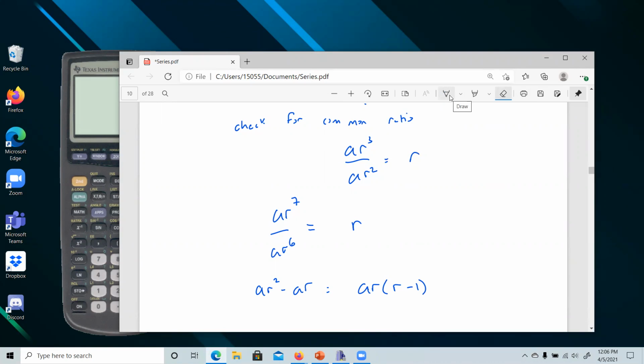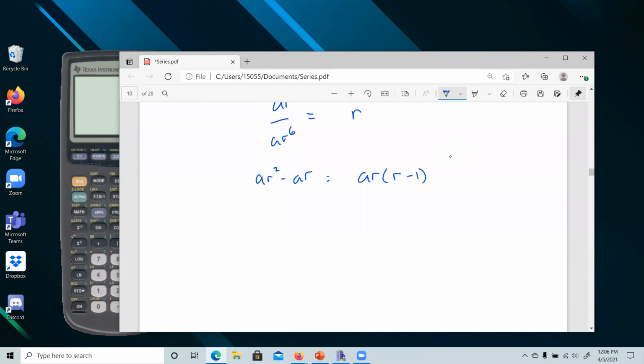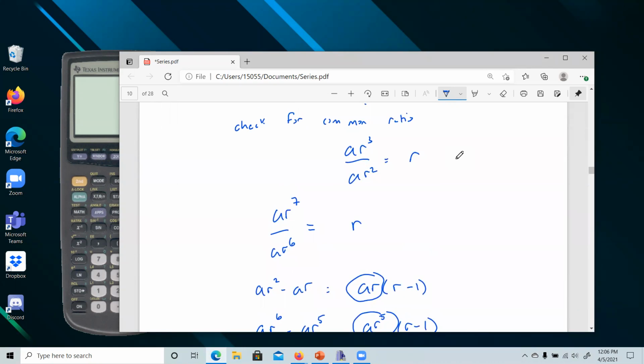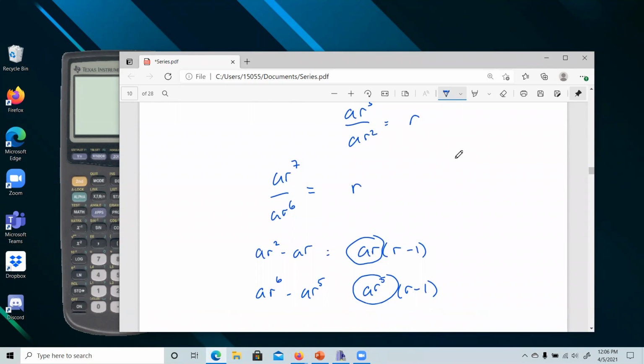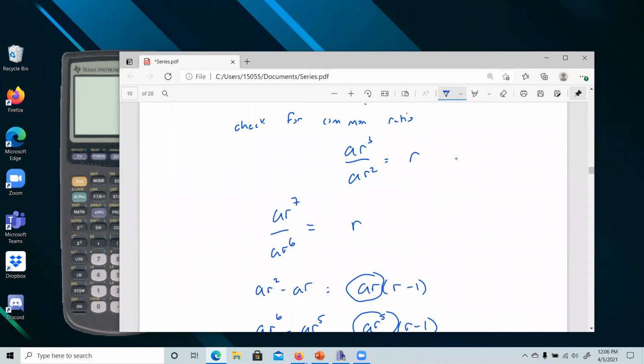Like, if I want ar to the 6th minus ar to the 5th, we still get the pulling ar to the 5 out, we still get this r minus 1. So it kind of looks similar, but these two numbers are going to be way different. Okay, so the difference is not going to remain constant. Whereas the ratio between two numbers is always going to be constant. So that's how you check, okay, for a geometric sequence.